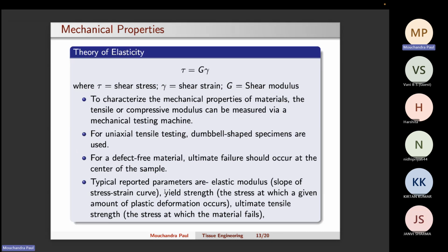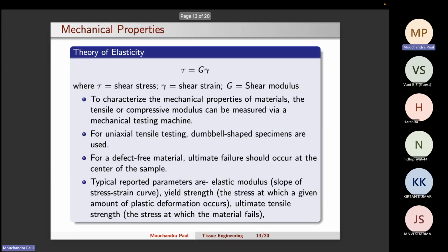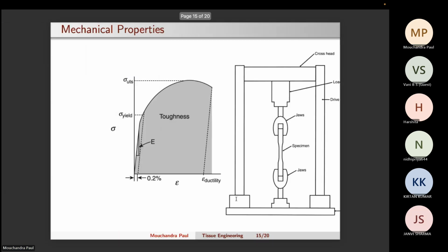Then you will also be able to calculate the yield strength. So yield strength refers to the amount of stress from where the material has started becoming plastic. It is the stress at which a given amount of plastic deformation occurs. So this is your elastic region, and this is for 0.2% yield stress.